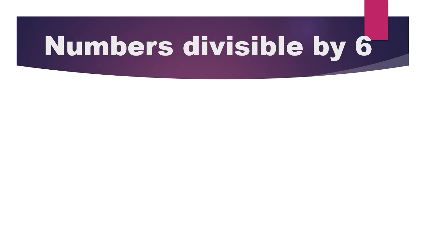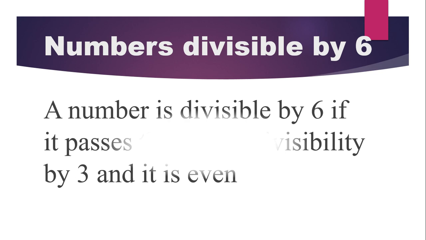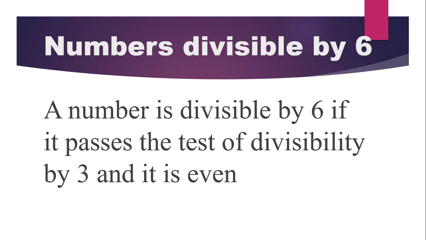That's great. So what about 6? How do we know whether or not a number is divisible by 6? Here is the test of divisibility for 6. A number is divisible by 6 if it passes the test of divisibility by 3 and it is even. So numbers divisible by 6 are only even numbers.